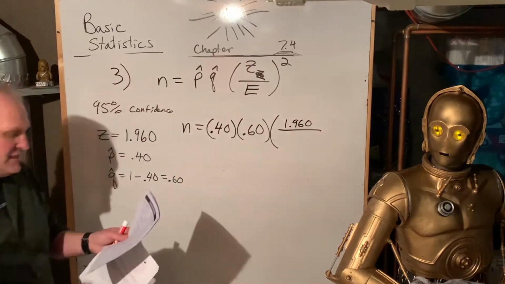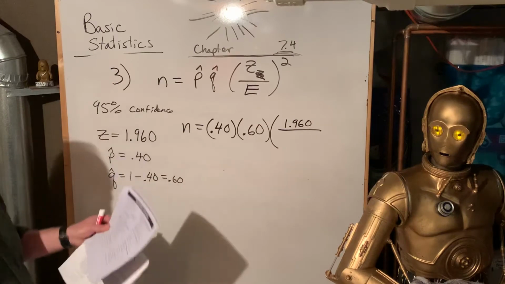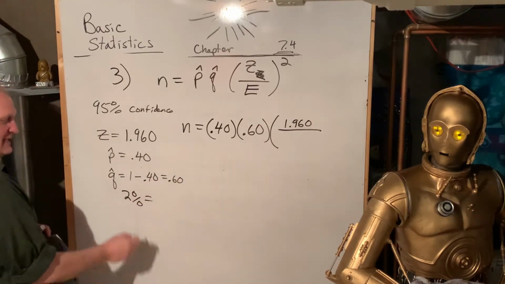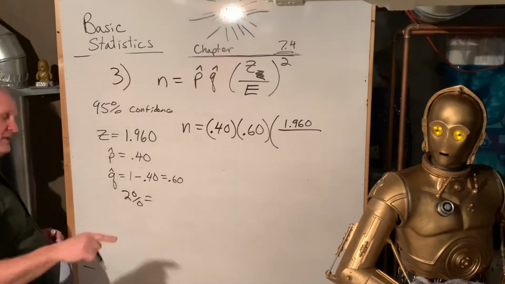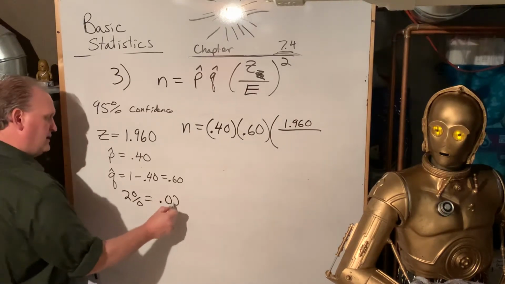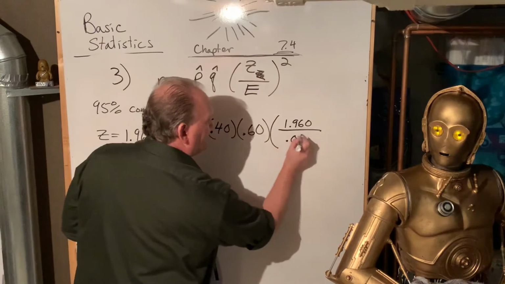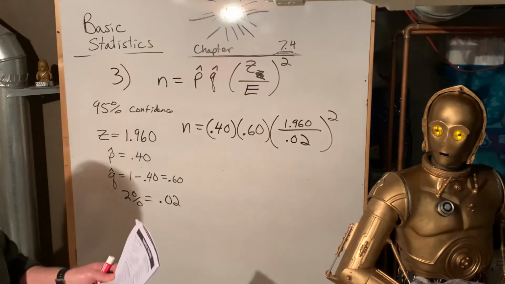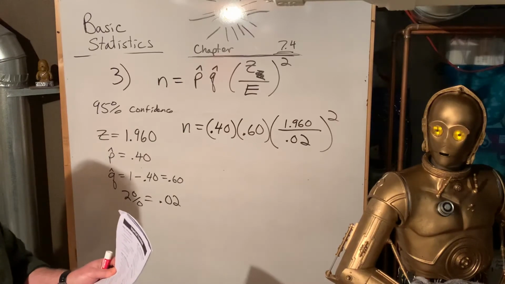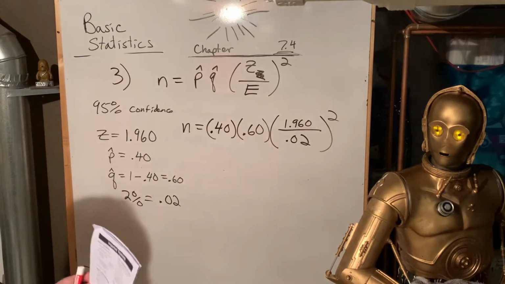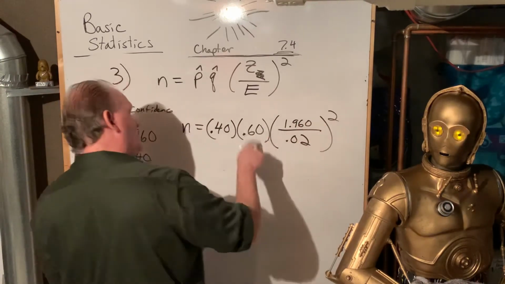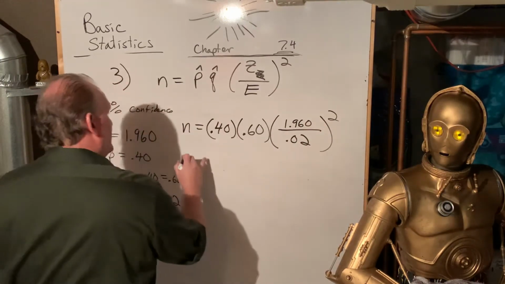This error is, they want no more than a 2% error. Well, again, to play with the real numbers, you got to make that into a decimal. Remember, percents, it's always 2 places to the left to make it into a decimal. And then we square that result. So when you multiply all that out, you can type that into your calculator as it stands. You could divide this first, square the result, multiply the result by 0.6, multiply by 0.4.